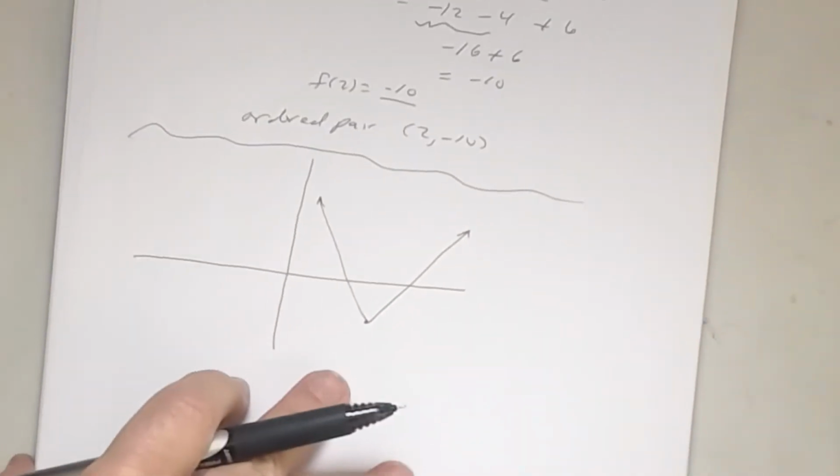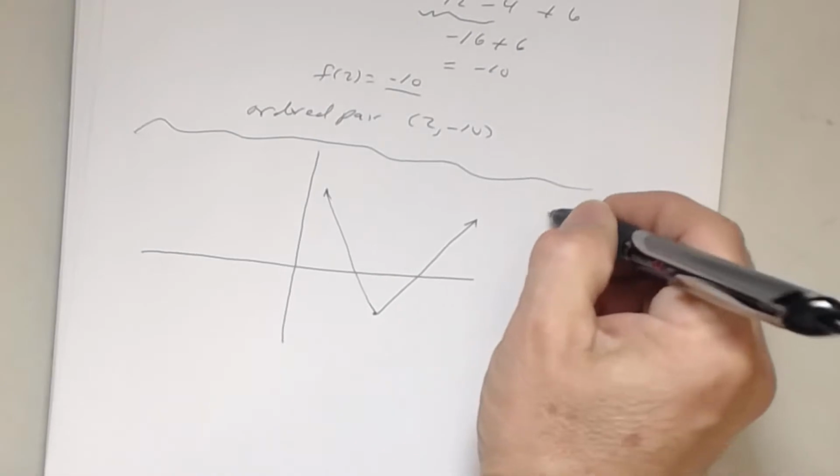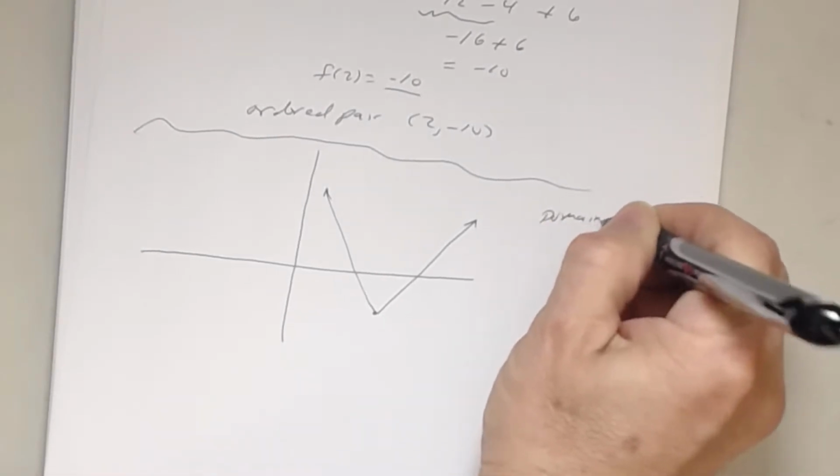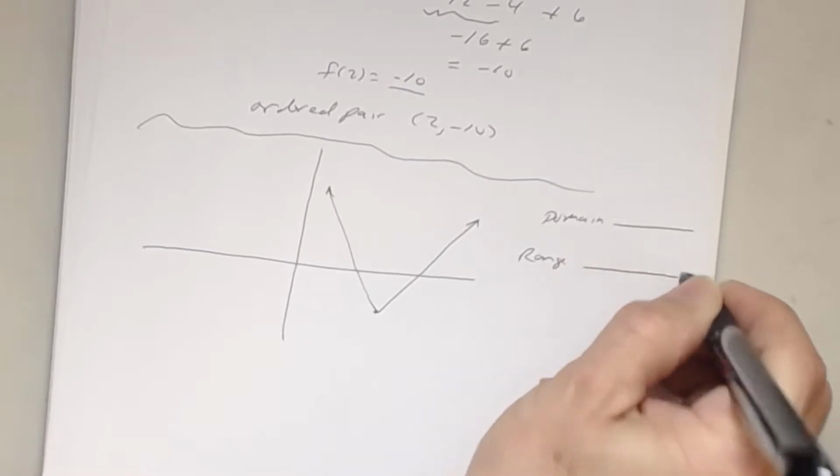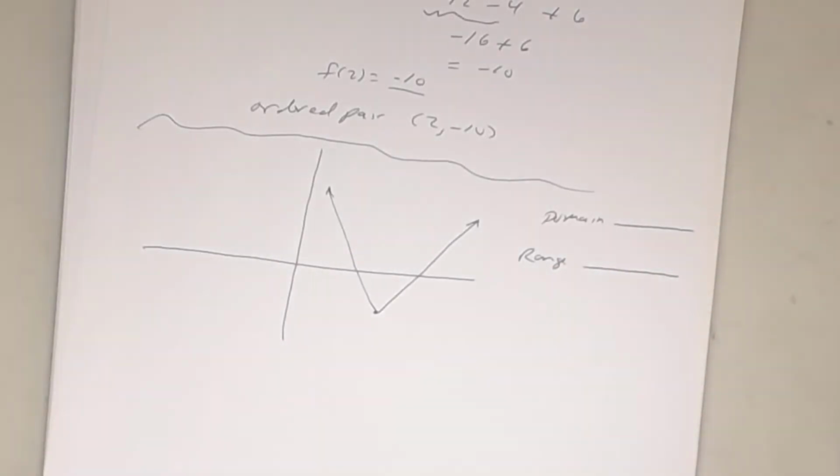And you want to find domain and range in interval notation. Notice I'm not giving you any ordered pairs at this point, so I'm going to ask you, without knowing anything about the ordered pairs, which of these, domain and range, can you tell me right away?